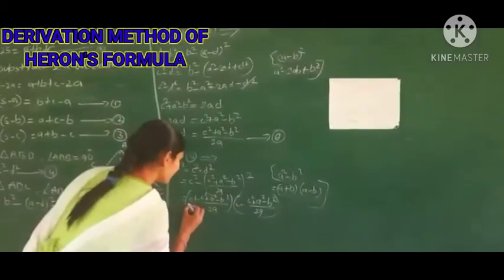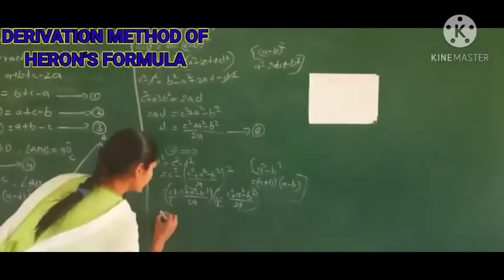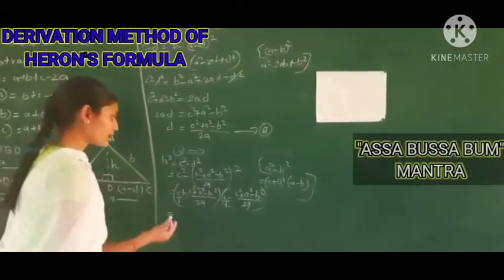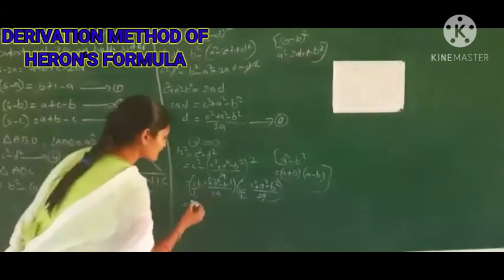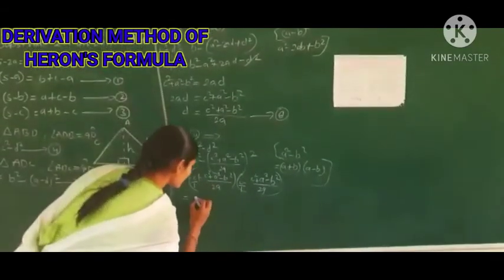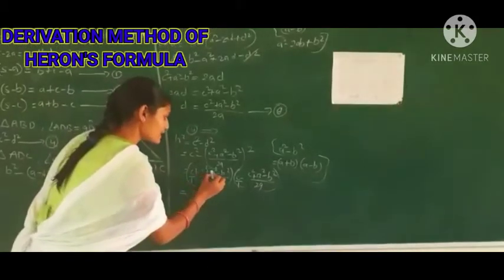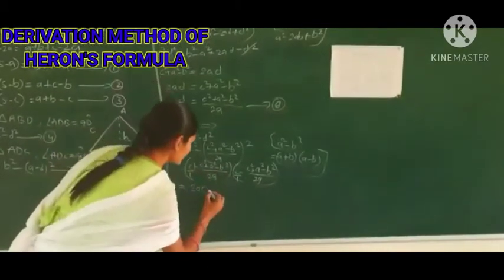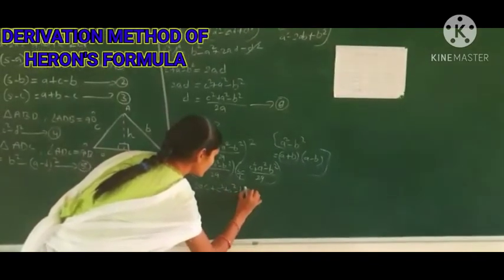Conventionally we take c by 1 and c by 1. Now according to the Assa Bussa Bam mantra, we get Assa means 2a into c becomes 2ac, and Bussa means 1 into c square plus a square minus b square, which comes to c square plus a square minus b square.